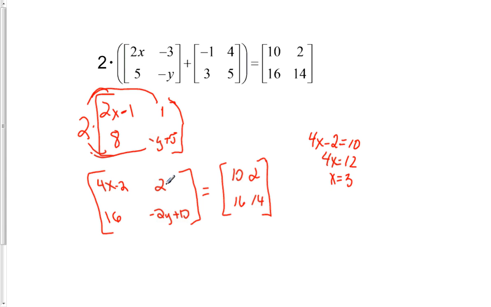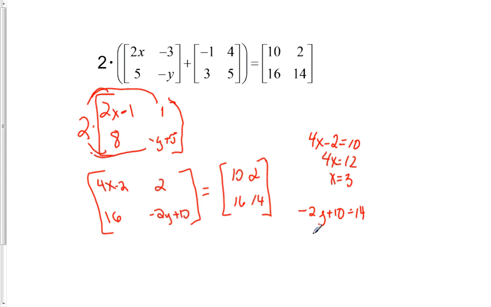Now if we continue looking through the matrix, 2 equals 2, yes, that's a true statement. 16 equals 16, that's a true statement. And in my last position, I have negative 2y plus 10 is supposed to equal 14. So let's take that one out separate as well. Negative 2y plus 10 equals 14. And let's solve that.